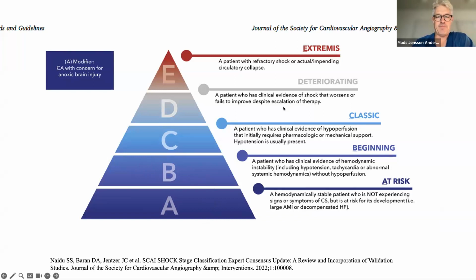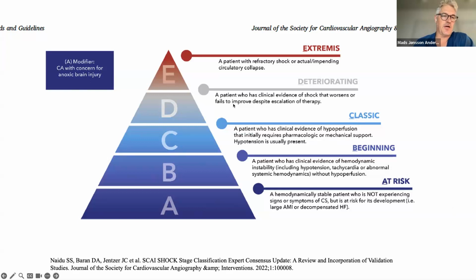And at stage C, the patient has what we call the classic stage of shock, where they have hypoperfusion evidenced by organ dysfunction, meaning that they have an increase in lactate, decrease in urine output, and they require one or more interventions. At stage D, which is the deteriorating shock, there's a failure of the initial support strategy to restore perfusion, and that is evidenced by worsening hemodynamics or rising lactate.